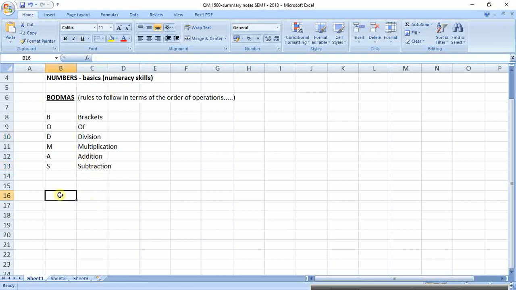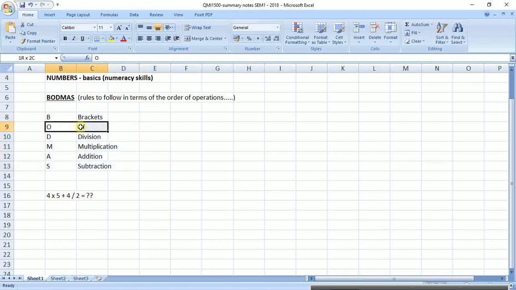For example, if I have 4 times 5 plus 4 divided by 2 equals question mark. If I have something like that, obviously the calculator is going to apply BODMAS. If you type that into your calculator, it'll give you the right answer, because it follows this.